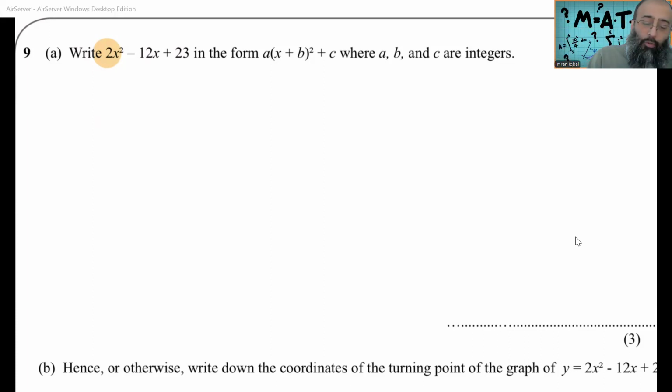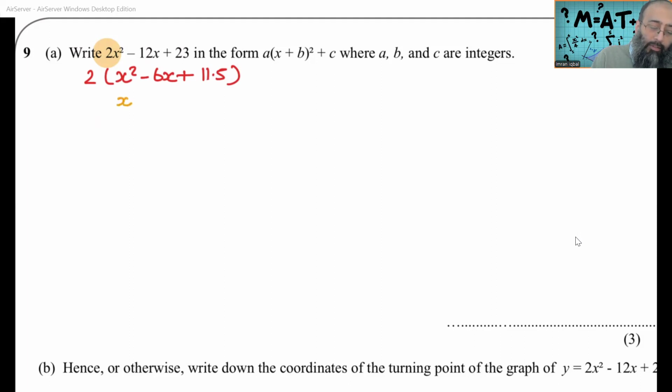So what we need to do in order to facilitate that, we need to factorize the 2 out and move it away. If I factorize the 2 out, I'm left with x squared minus 6x, and then half of 23. Well, half of 22 is 11, so that'll be 11.5. Okay, so the most important thing is that we've got our equation set up like this.